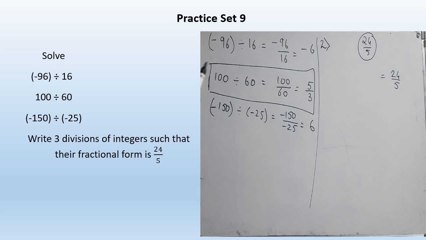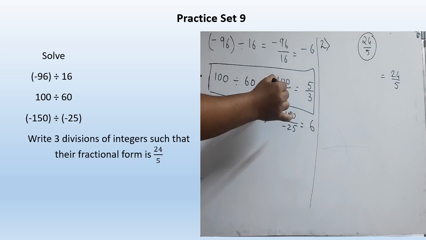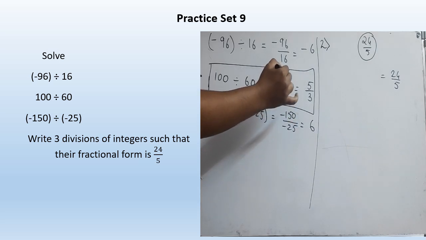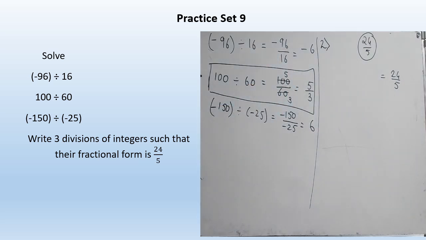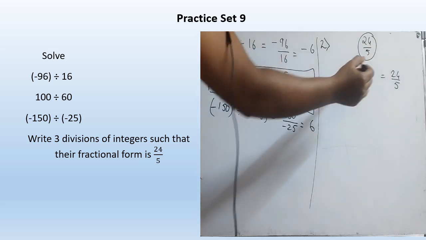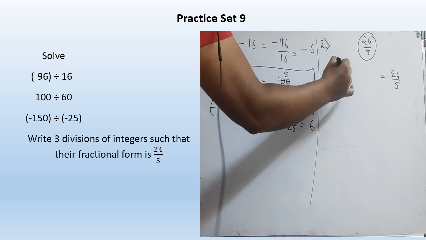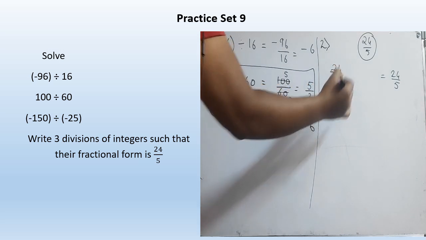What happened? 100 upon 60, the resultant is 5 upon 3. Same like this. What I did over here is that I divided this by 20. Understood? So over here also I'm going to write 24 upon 5.